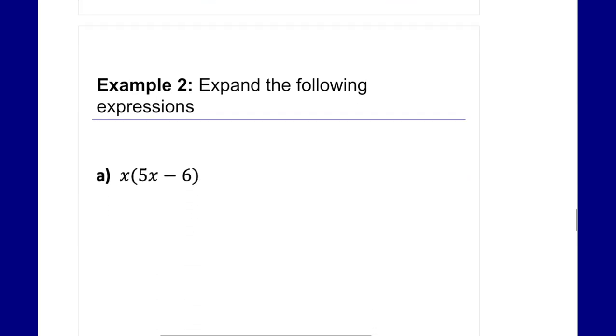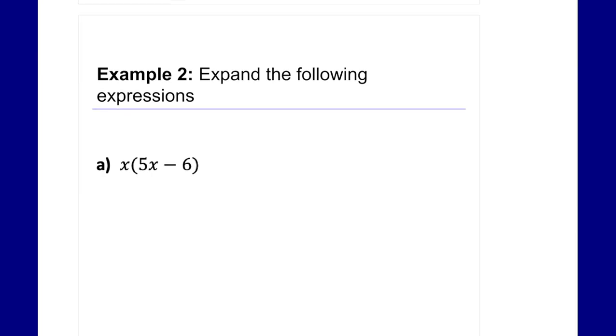So let's go through some examples and look at multiplying or expanding the following expressions. So I have x times 5x minus 6. A straightforward example, very simple, things that you might have even seen in grade 9. So this x has to multiply to both terms inside that bracket. So x times 5x, I multiply the x's together, I get 5x squared.